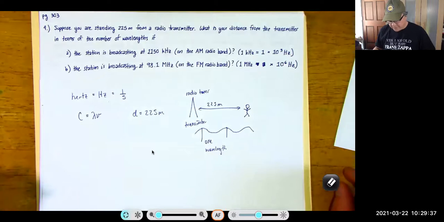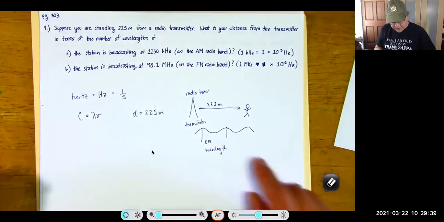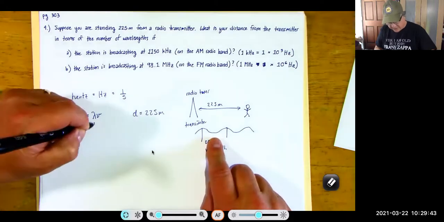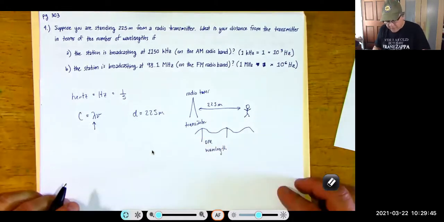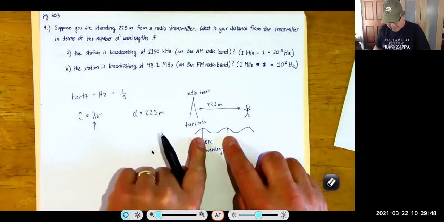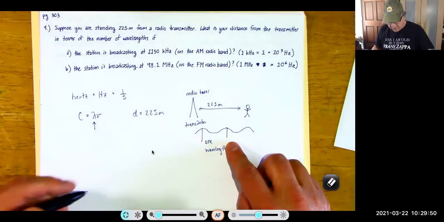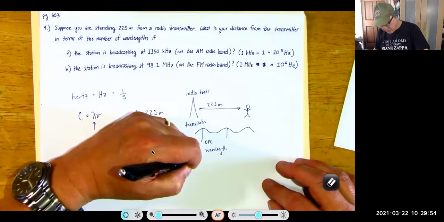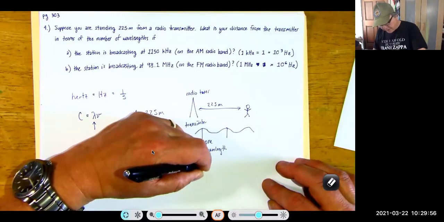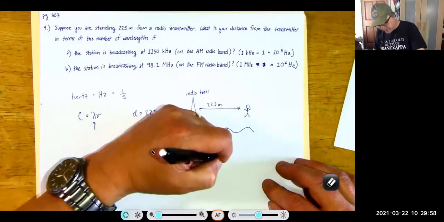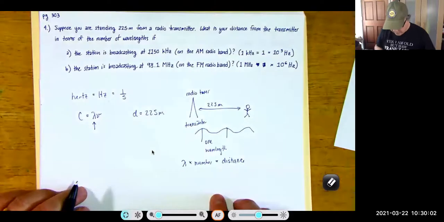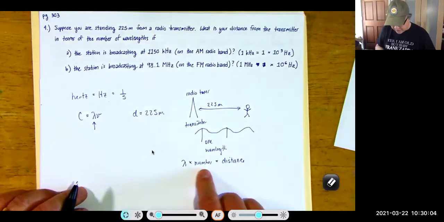Okay, so what we need to do is figure out the wavelength of the wave, and that's this right here. When we figure out the wavelength, the wavelength times the number of wavelengths is going to be equal to the distance. I think that makes sense, right? If you have 1 wavelength, the distance is equal to 1 wavelength.